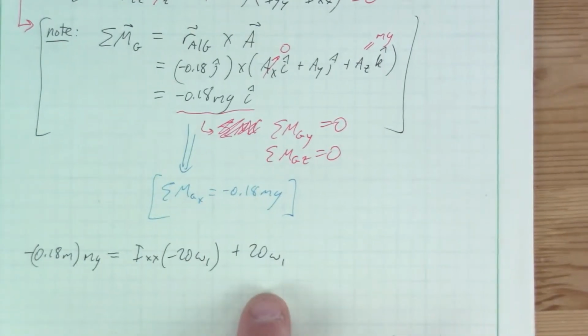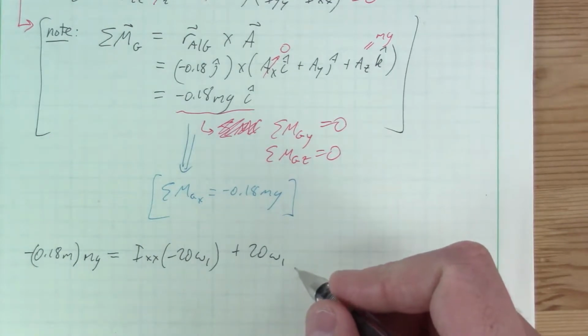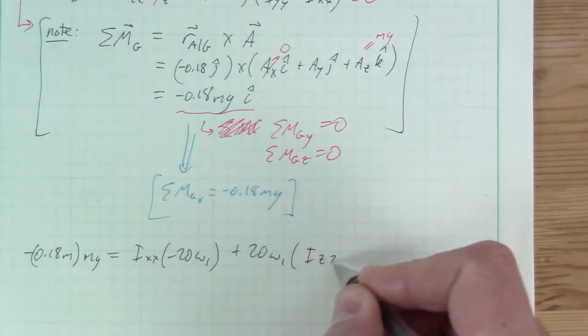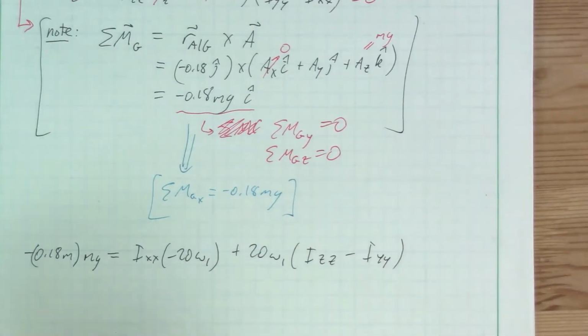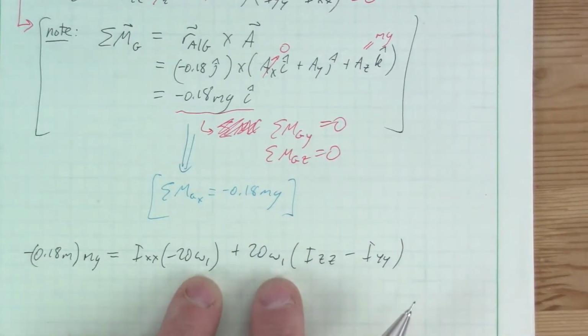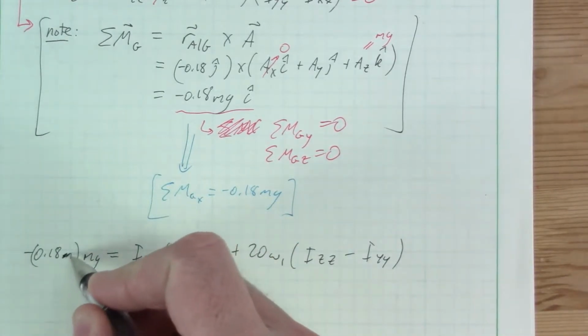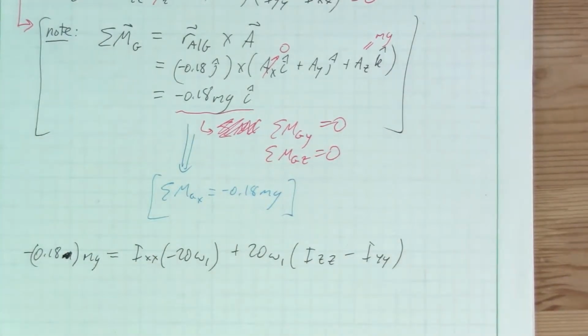I just wrote that off screen. And then we have Izz minus Iyy, which we know values for. If we're just looking at this, we know values for everything except the omega 1s there. We're not keeping track of units here, so we'll plug in the units at the end. Okay, so we can solve for omega 1.